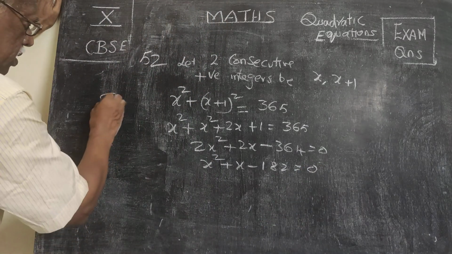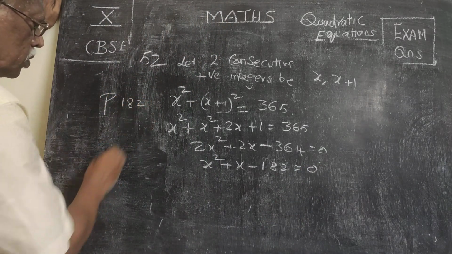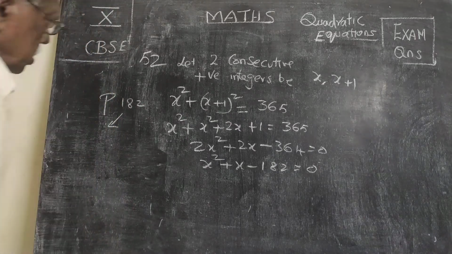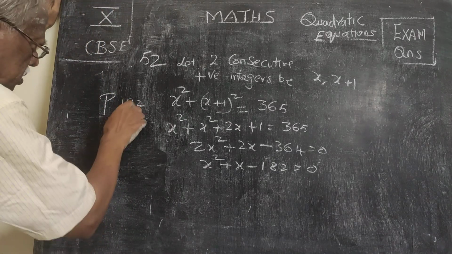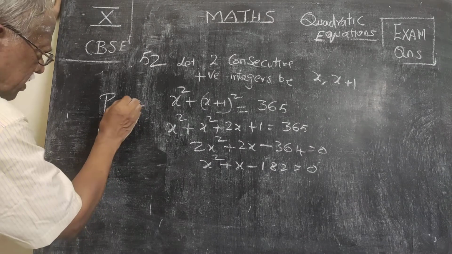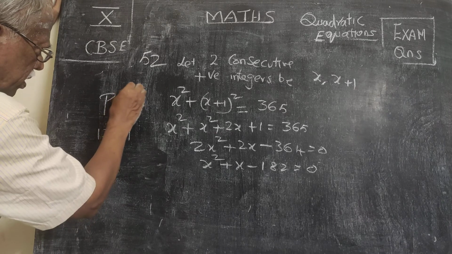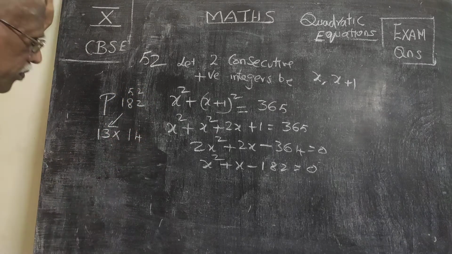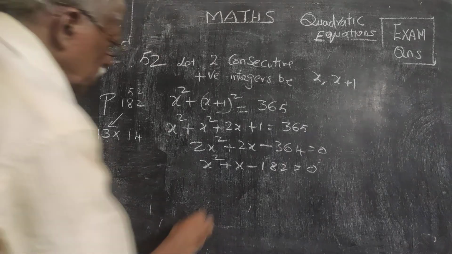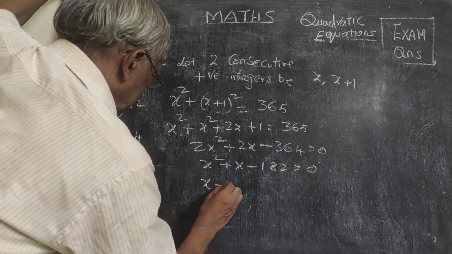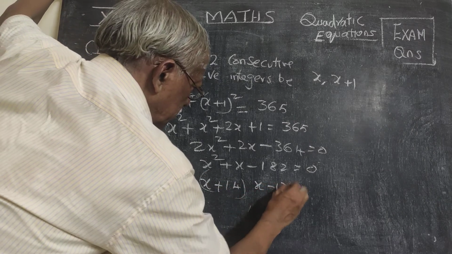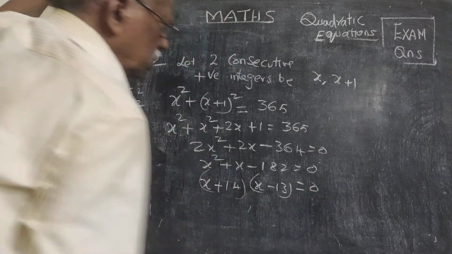So product is 182. This is divisible by 13. When you divide that, 13 ones are 13, 13 fours are 52. We got it now, 13 and 14. So the answer is (x plus 14) into (x minus 13) equals 0.